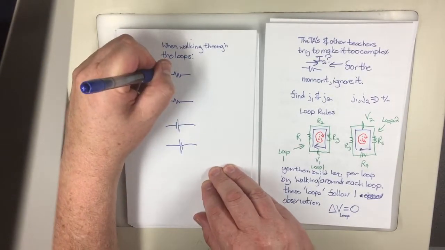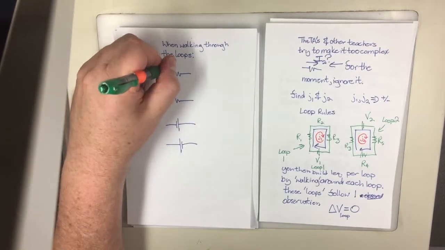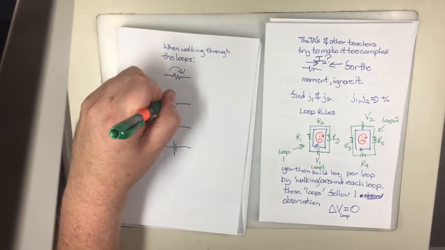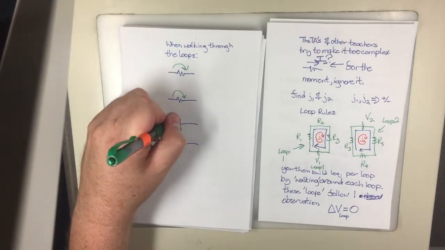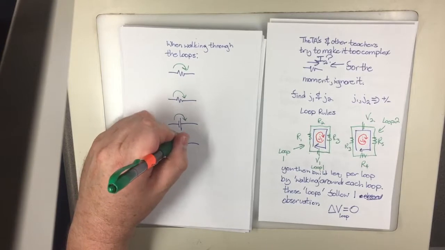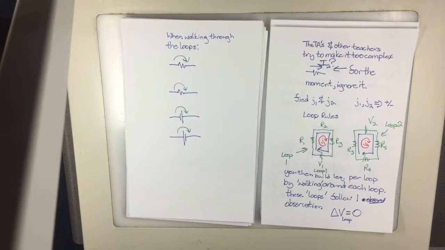And in all of these motions, we're going from left to right. I want to know the change in potential when we go from left to right.